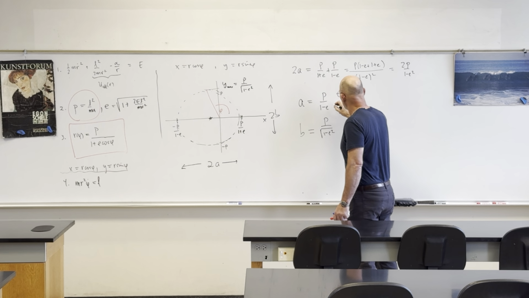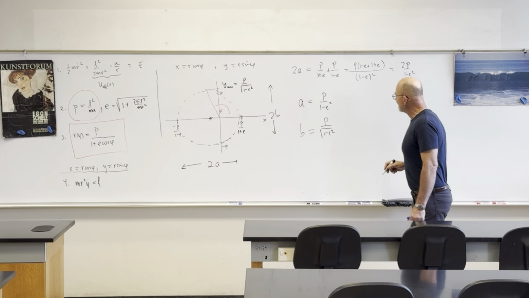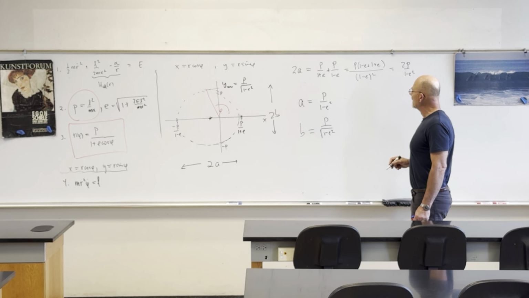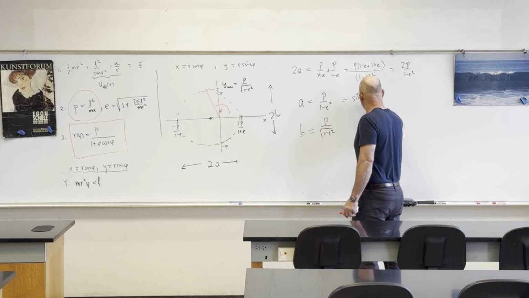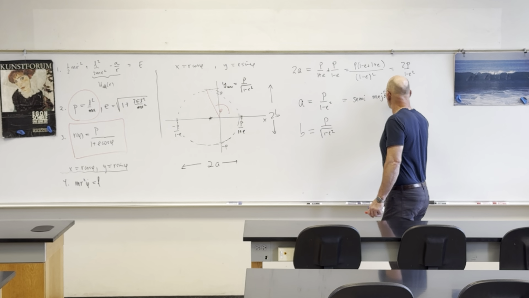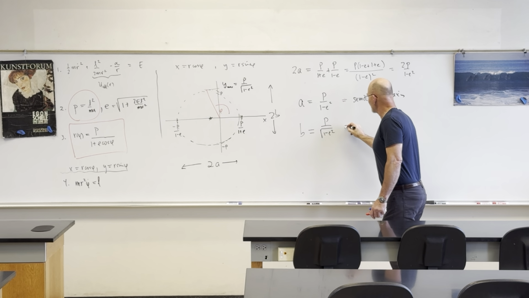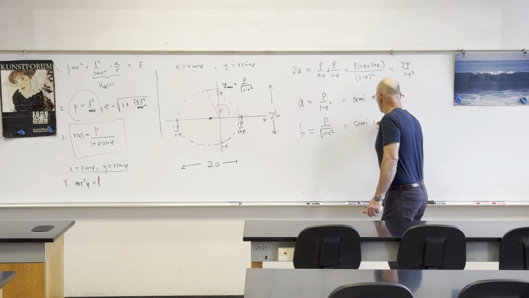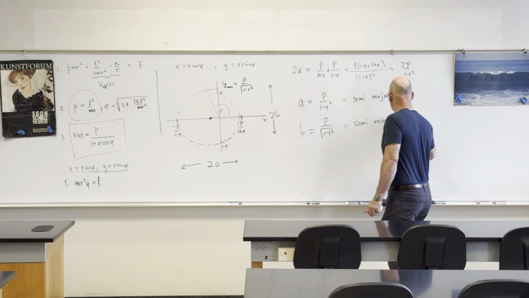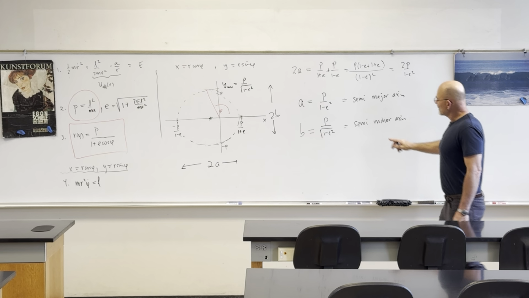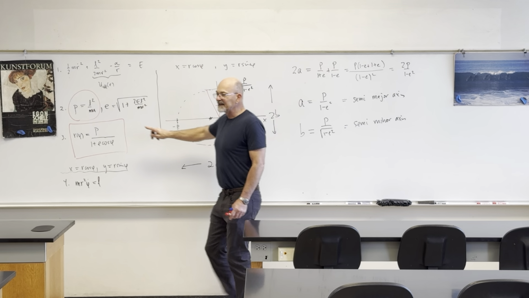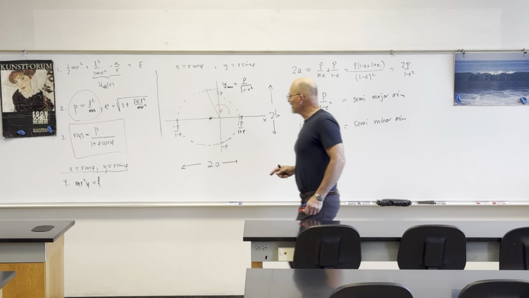And yes, we're going to make sure we call this the semi-major axis, and this the semi-minor axis. And of course, there's all this physics hidden in here, but we're just assembling all these pieces for now.